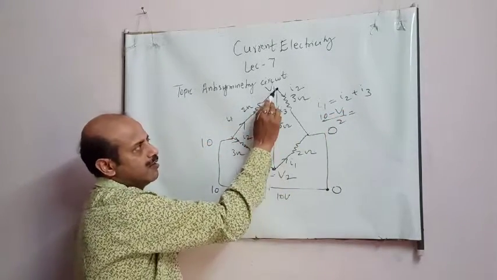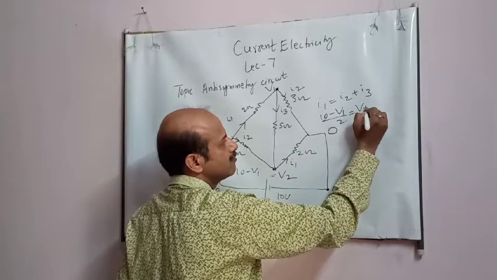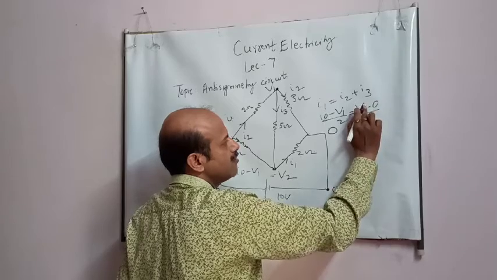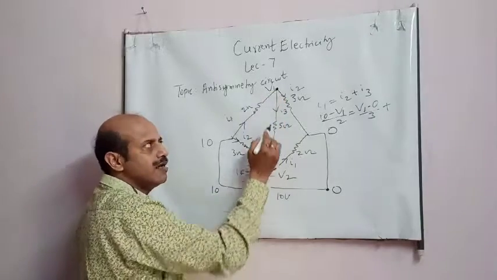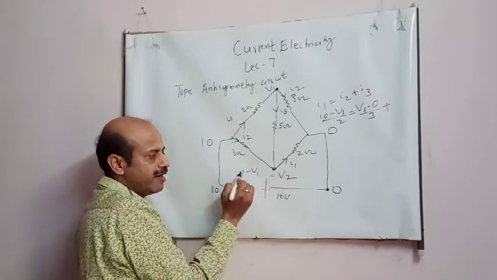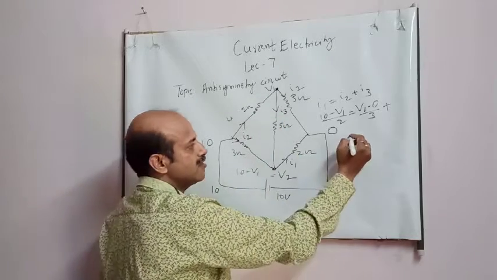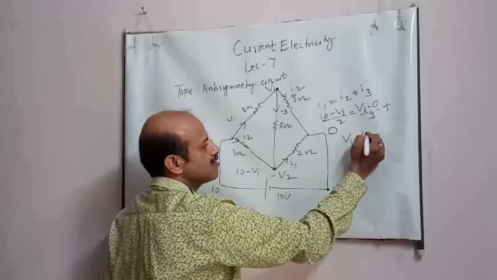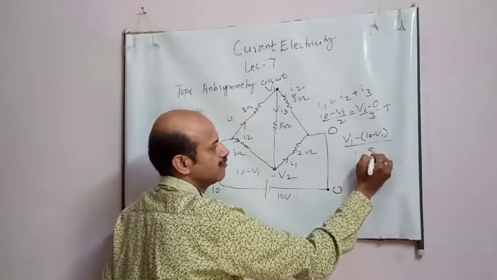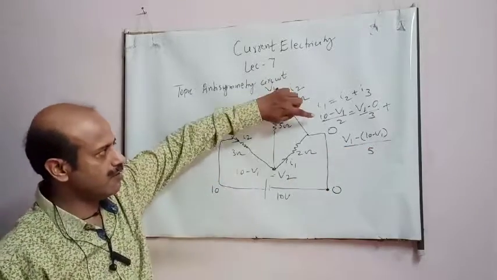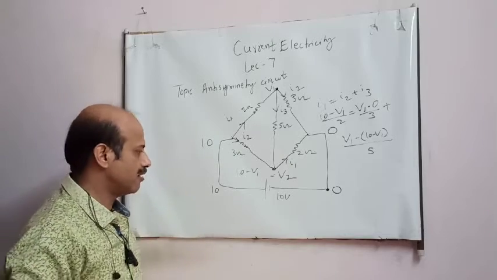I2, student, is V1 minus 0 upon 3, this is V1. Plus I3. For I3, here the potential difference is V1 minus (10 minus V1), upon 5. I have explained the method. So I1 is equal to I2 plus I3.